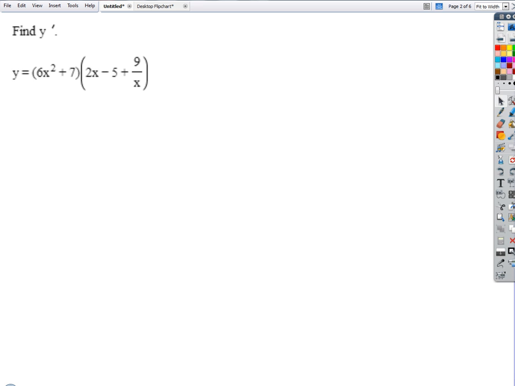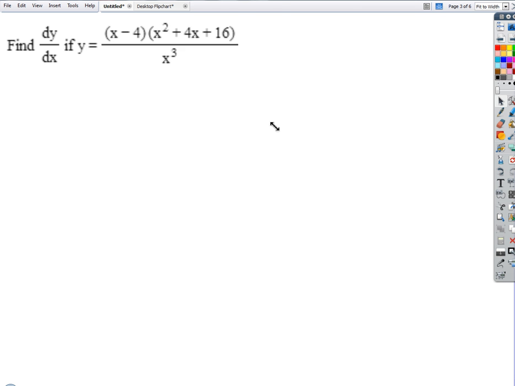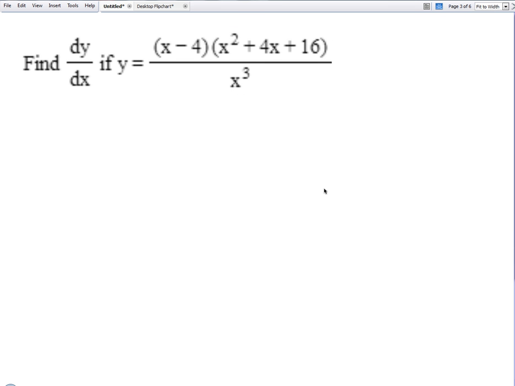Let's skip this one in favor of this one. Okay. Now, who would like to get us started on this? If I want to find the derivative of this big, ugly function, that is pretty complicated looking.